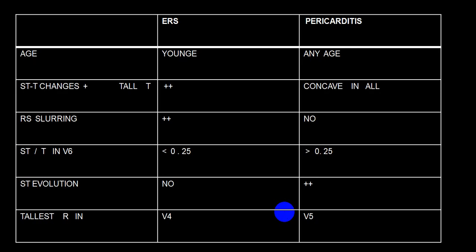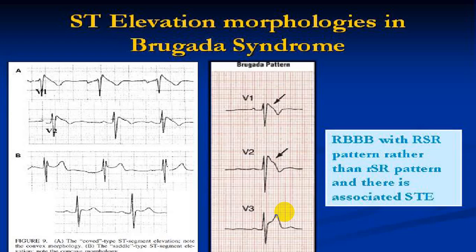This is the difference. At your leisure you can go through the differences between early repolarization and pericarditis. In Brugada you will have three varieties. Here you will have an RBBB pattern with the ST segment curved down, curved up. This is the ST segment with T wave inversion. You will see it in V1, V2, as well as V3.